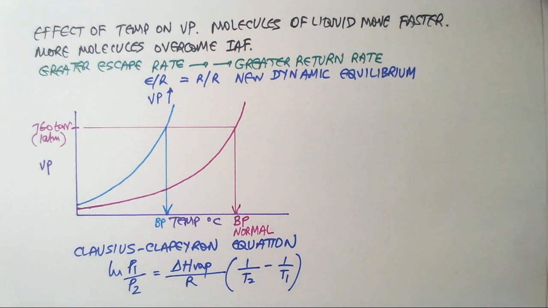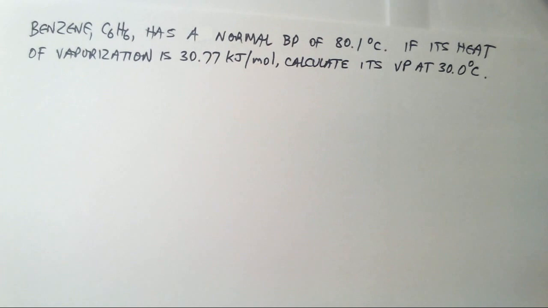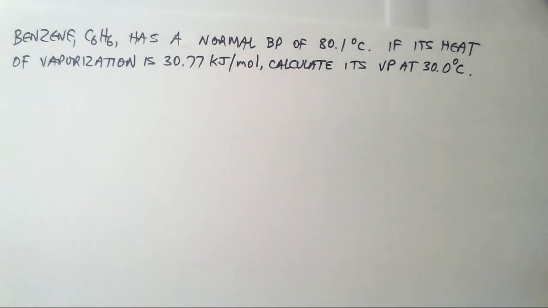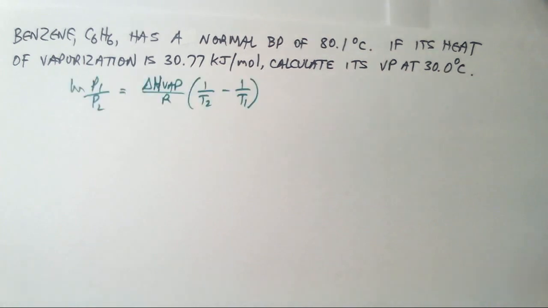I'll give you an example. I've written out a problem here that we could look at on this sheet. It says benzene, C6H6, has a normal boiling point of 80.1 degrees C. If its heat of vaporization is 30.77 kilojoules per mole, calculate the vapor pressure at 30 degrees C. So we can write out the Clausius equation for this.